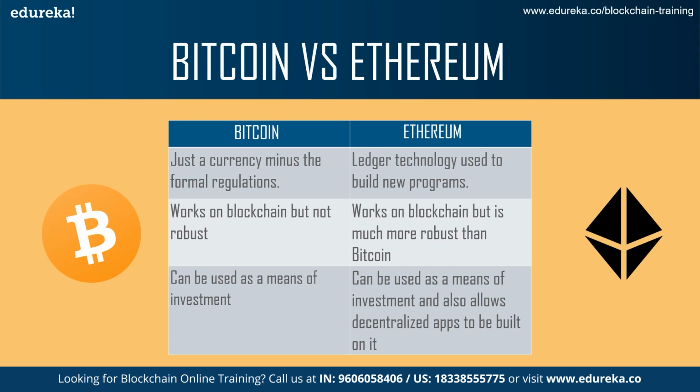Bitcoin works on blockchain, but it is not as robust as Ethereum, which, apart from running on blockchain, is much more robust. Bitcoin can be used as a means of investment, and Ethereum can also be used as a means of investment, but it allows decentralized apps to be built on it as well, which is not there in Bitcoin.